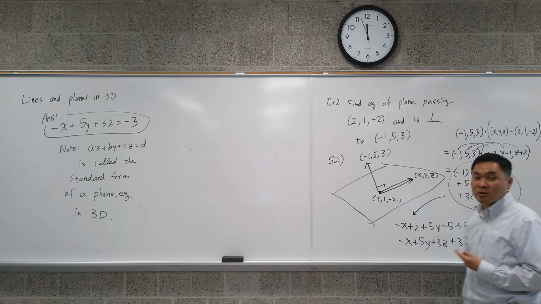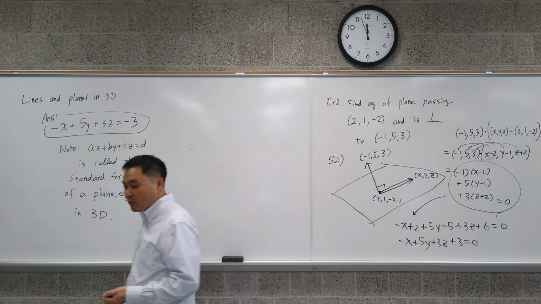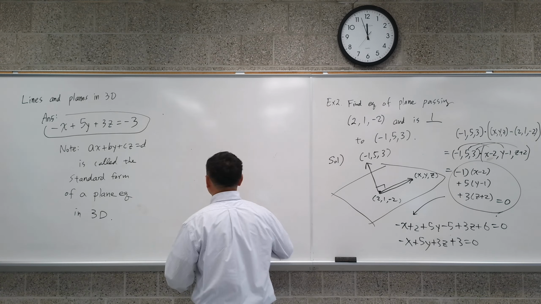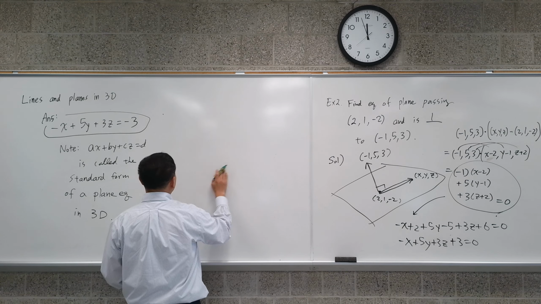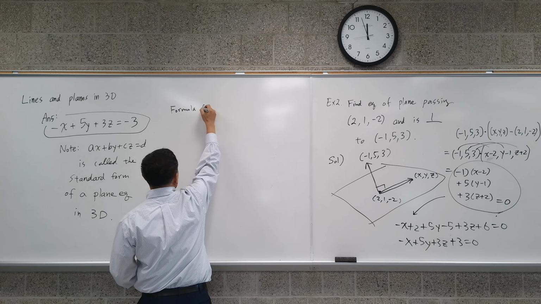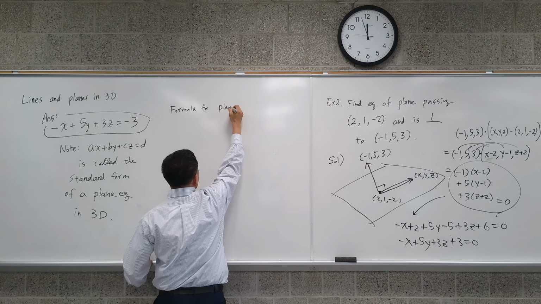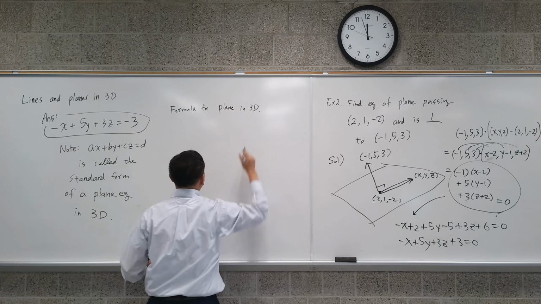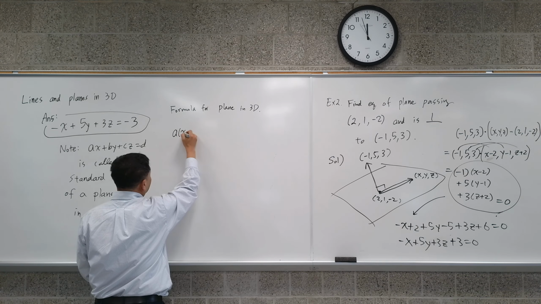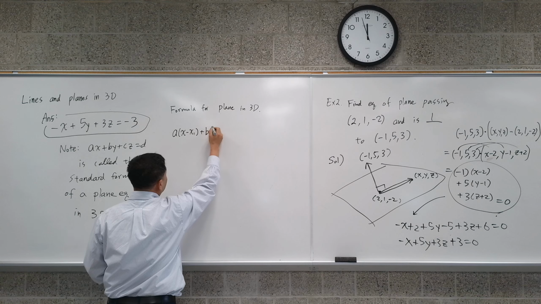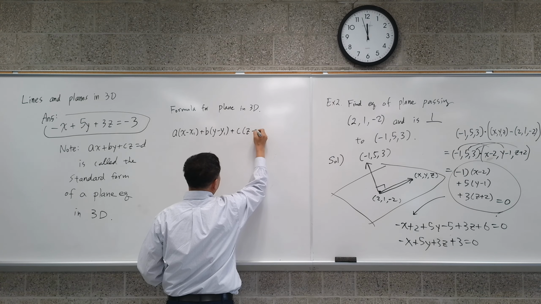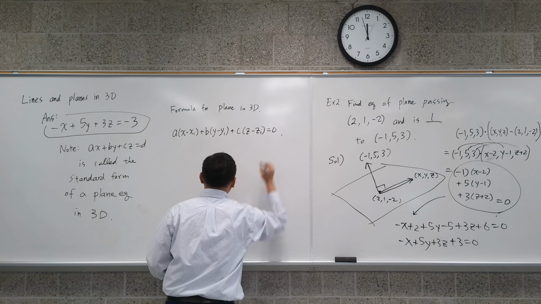Once you've done one example, you can actually figure out the generic formula for plane equations. So let's summarize the findings by this formula. The formula for a plane in 3D is a times x minus x1, plus b times y minus y1, plus c times z minus z1, equal to 0.